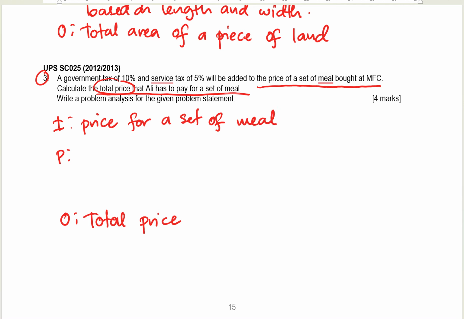Do you need to enter 10% of government tax and service tax that is 5% in the input? No. If you see the constant, right? This one is a constant, 10% and 5%. You don't have to put it in the input. In the input, you only write down the variable, the value that is changed. So the constant you don't have to write in the input.